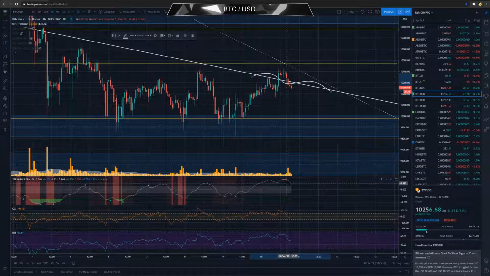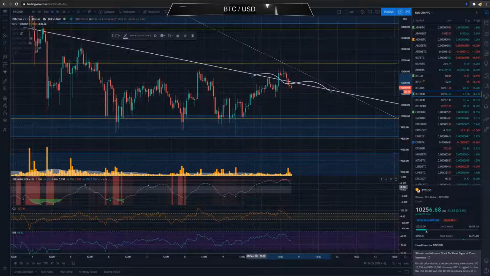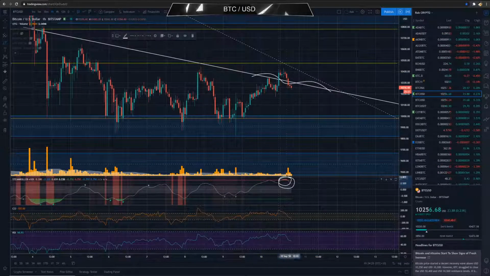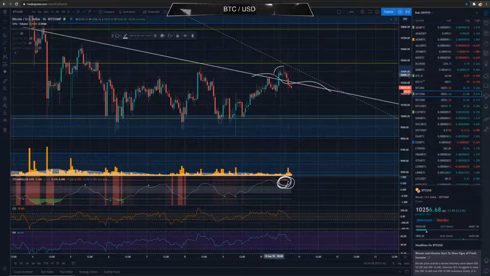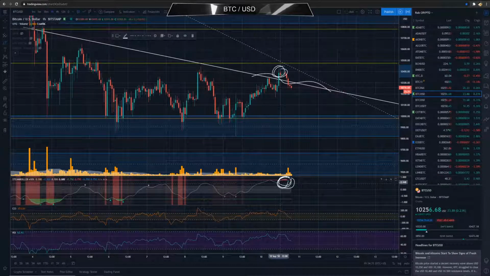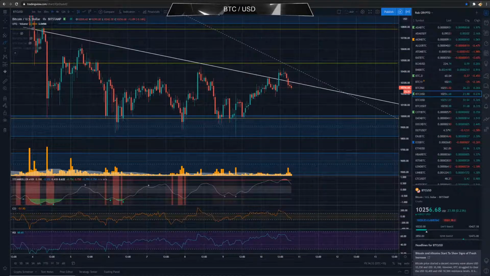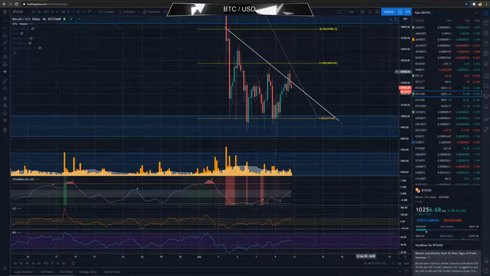If we look on the 1 hour time frame, I know I don't usually look at the 1 hour, but Steamroller is calling that fake out at 10.4, telling us that we need to start declining or start returning back underneath that trend, and that's what we've done.